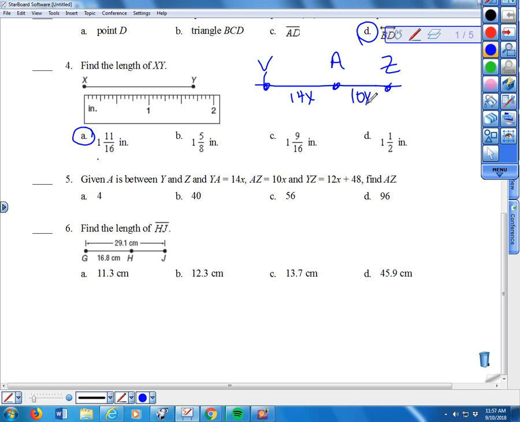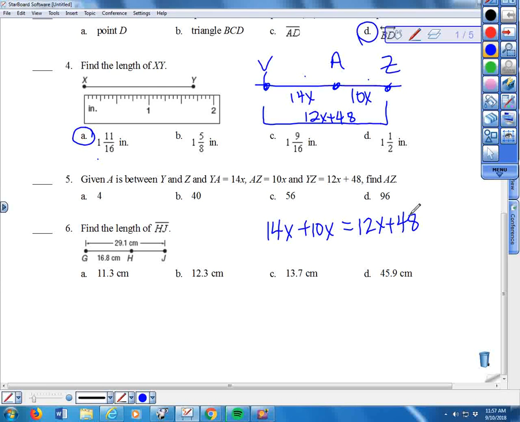And YZ, this whole thing, is 12x plus 48. Well, what do I know about this segment and this segment when I add it together? It equals the whole thing. So I can just write an equation like that.